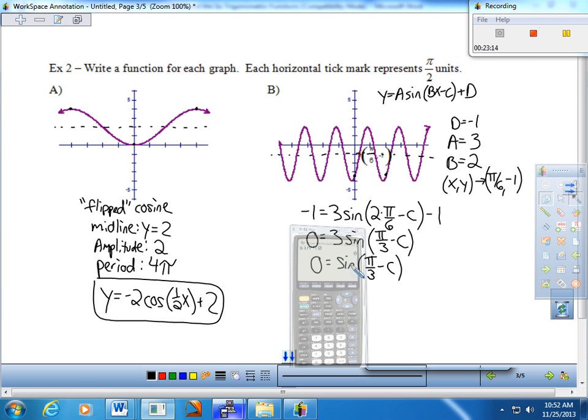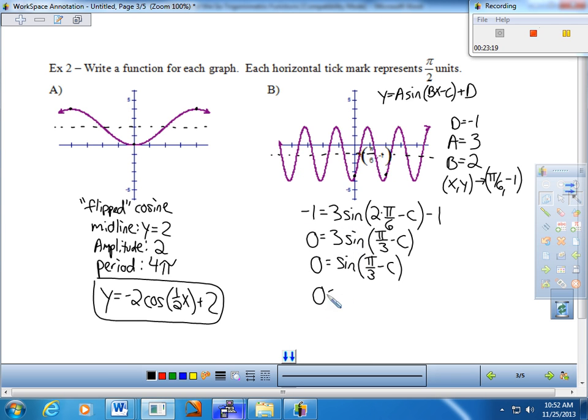So when I inverse sine on both sides, this goes away, and the inverse sine of 0 is still 0. How great. And then we do want to go ahead and solve for C here. I'm hoping that you would see, and again, you could do this a couple different ways. I like bringing the C over here, and then whatever's over here I bring over, but I hope you agree with me that it looks like C is pi over 3.